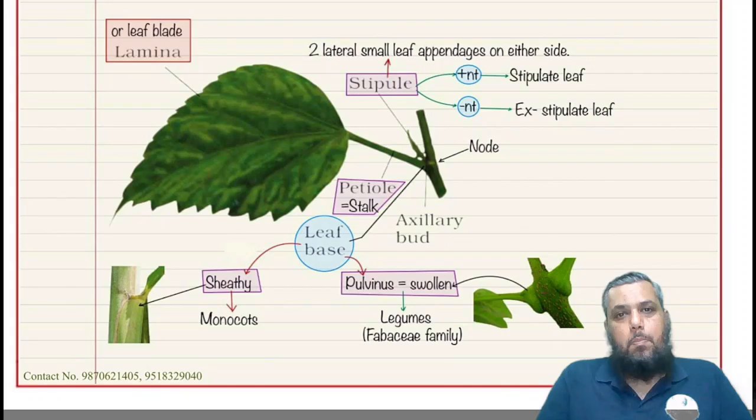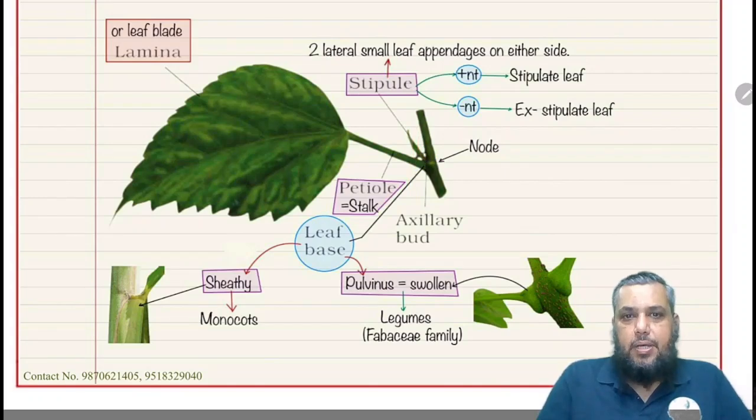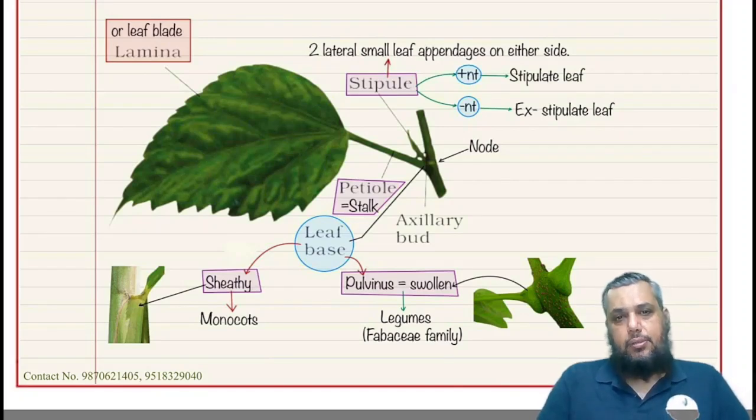The leaf may show the presence of small leaf-like structures which arise at the base of the leaf, and these are called stipules. अगर stipules है तो leaf को कहेंगे stipulate. अगर stipules नहीं है तो उसको कहेंगे exstipulate.